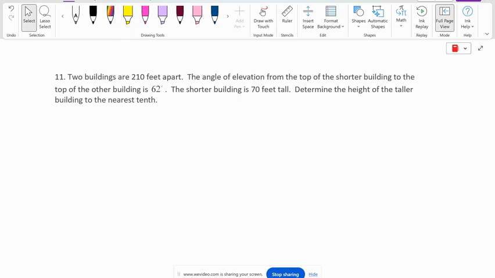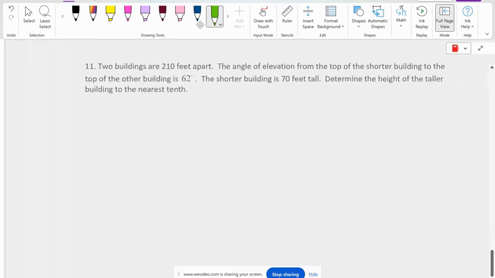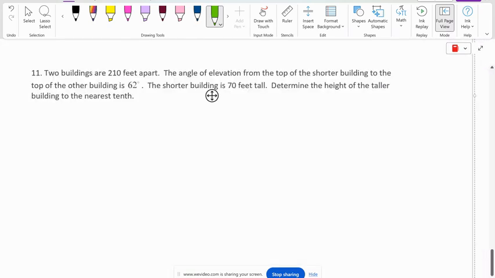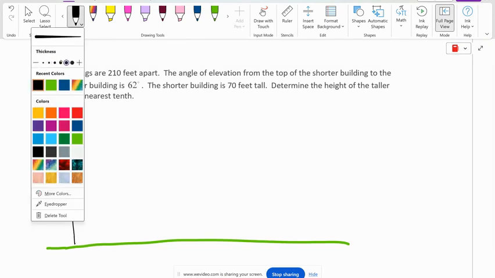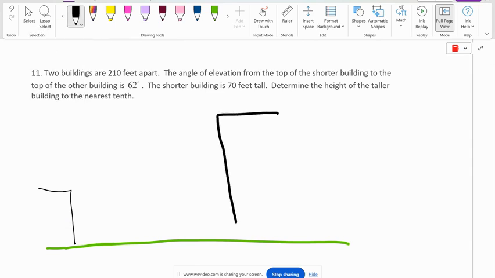Okay, so what should your diagram have looked like? Two buildings are 210 feet apart. The angle of elevation from the top of the shorter building, so here's my ground. Here's my shorter building. Here's the taller building. So the two buildings are 210 feet apart, so this distance is 210.